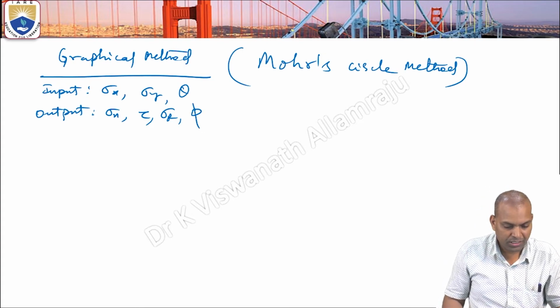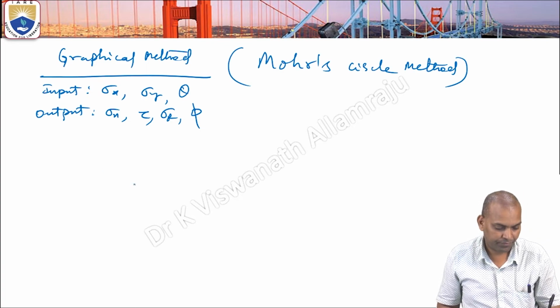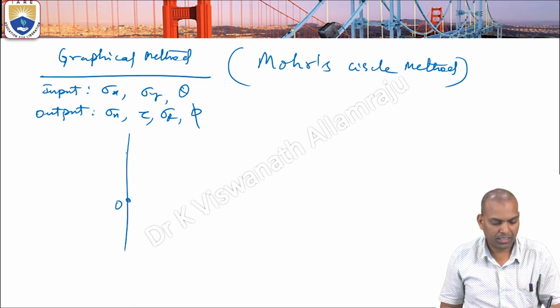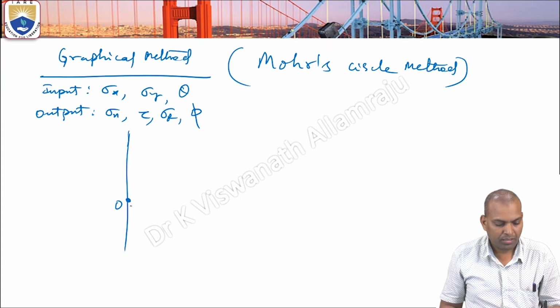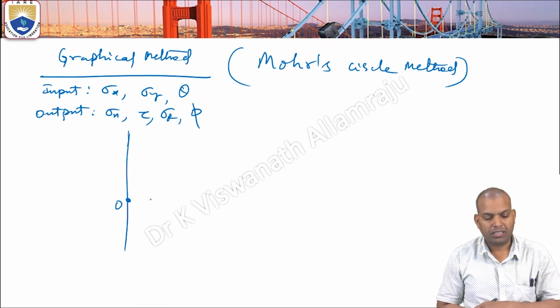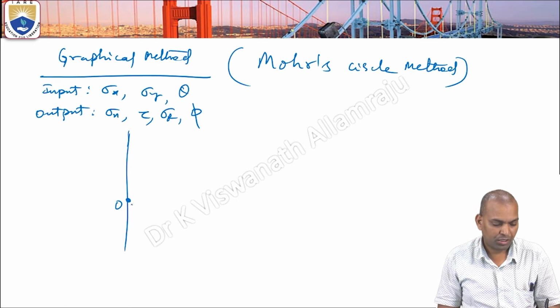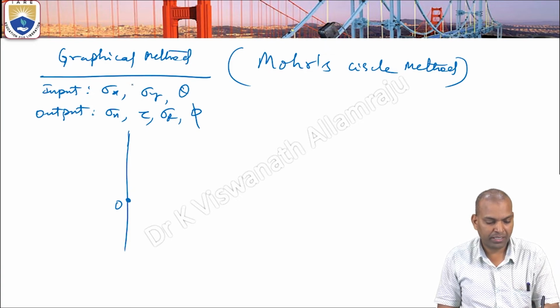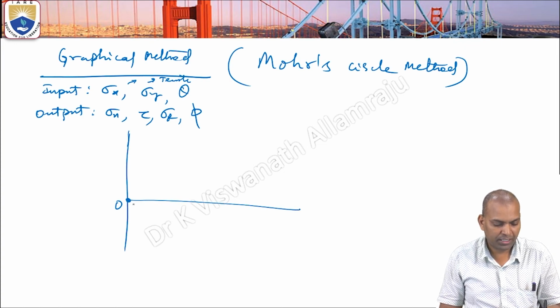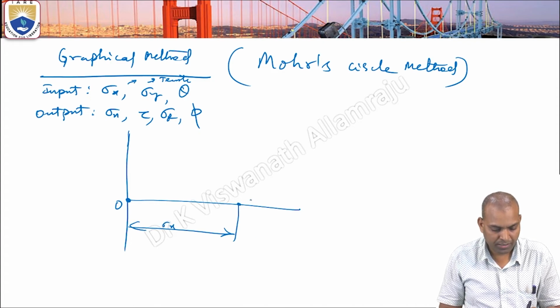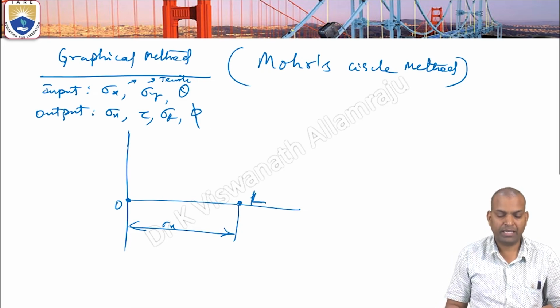So the methodology for this graphical method is, first take any point O on any vertical line. Take a scale of sigma x in megapascals into linear scale in millimeters or centimeters. Considering sigma x and sigma y both are tensile in nature, in the positive direction take the sigma x value, point L. OL is sigma x.